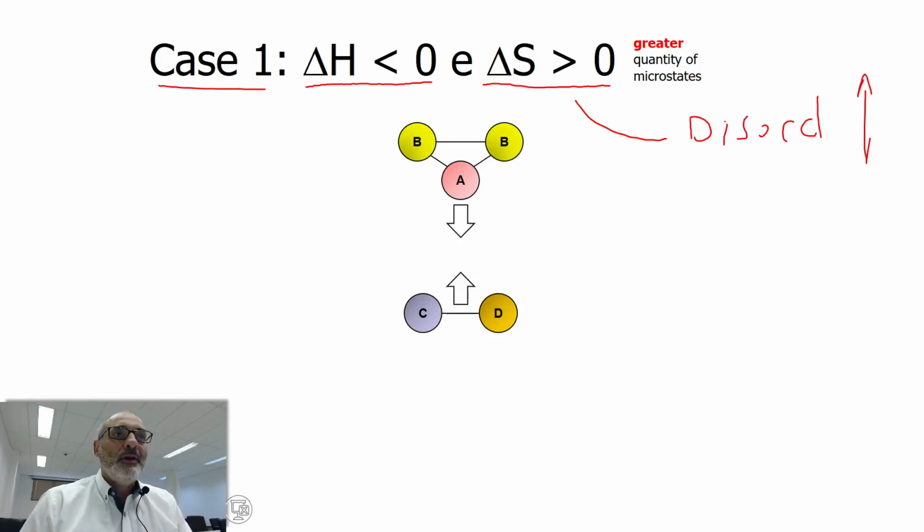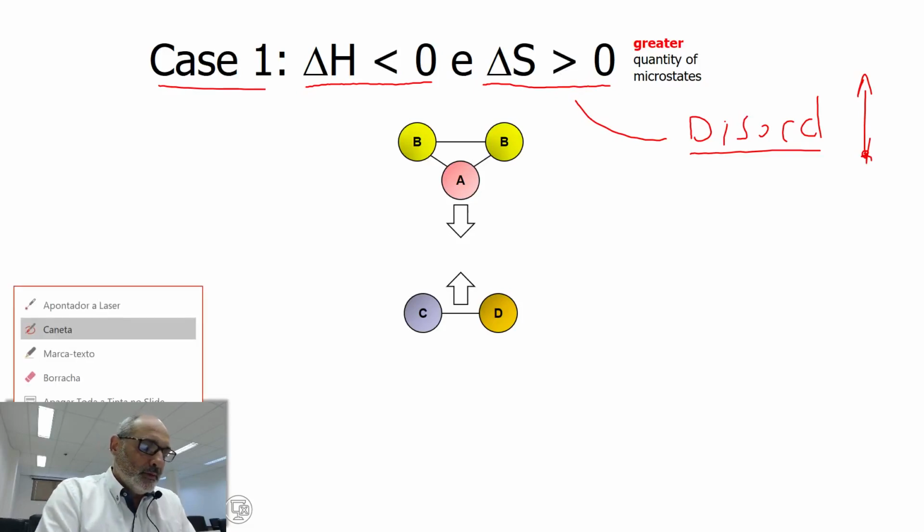And I think we have a pretty good idea that when the level of disorder increases, the process tends to be more spontaneous. So let's consider this case: two molecules bumping into each other. Let me get my pointer.